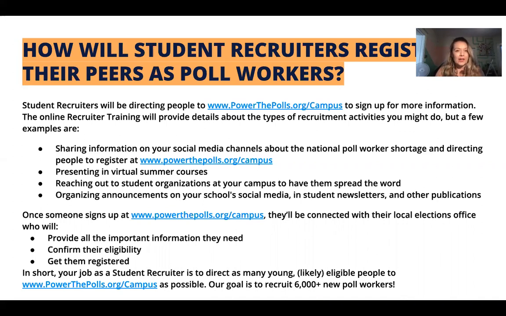So in short, if you join us as a student recruiter, your job is to direct as many young, likely eligible people to that website, powerthepolls.org/campus, as possible. This summer, we at Campus Compact are aiming to recruit 6,000 or more new poll workers through this initiative. So we can't do it without your help.